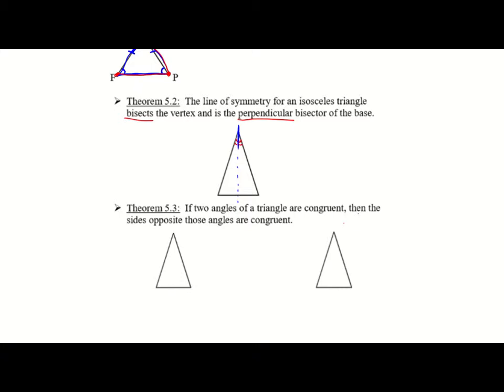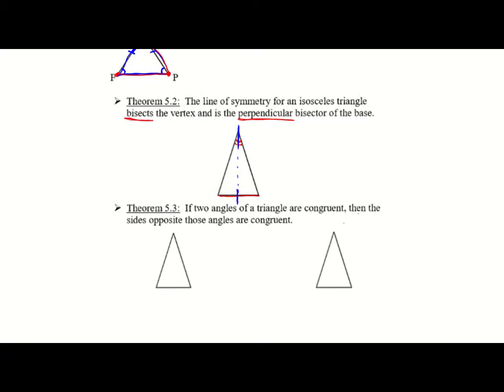Then I know that it is perpendicular bisector of the base. So bisector, that word right there again, bisects, it means to cut in half. So that means that my base down here, this blue line down the middle, is cutting it in half.